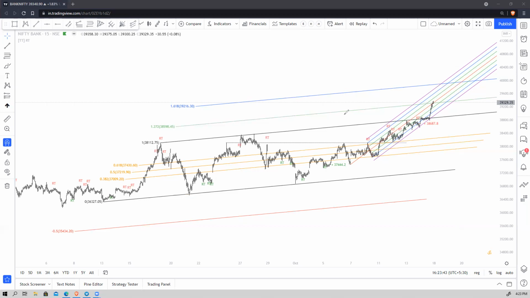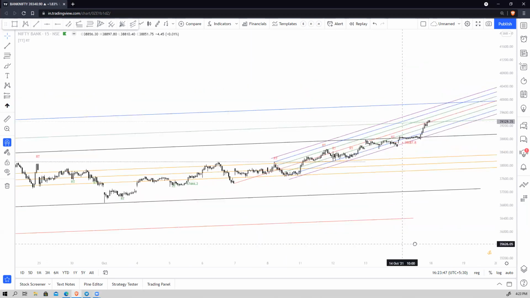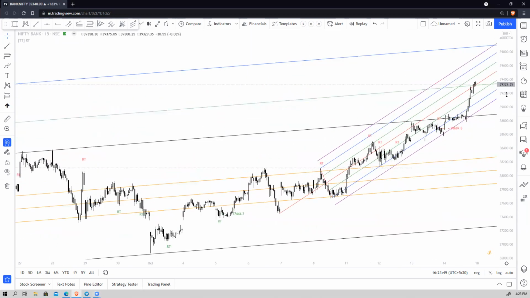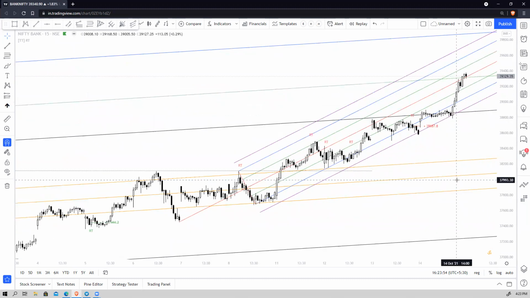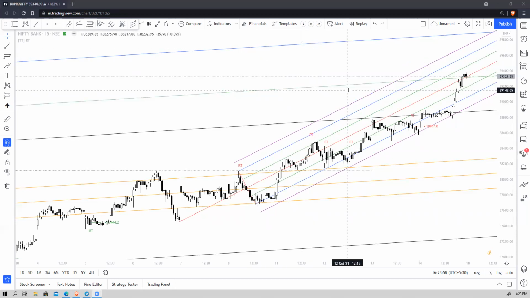So what is RT first? You need to know that RT is a setup for smaller time frame pin bar. How does an RT look in a bigger time frame? This is what you need to identify first.